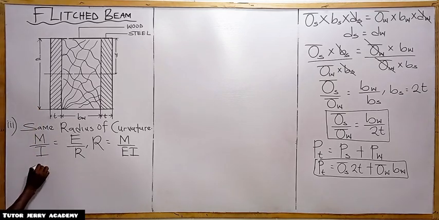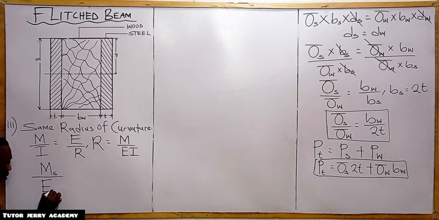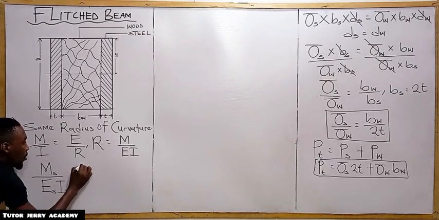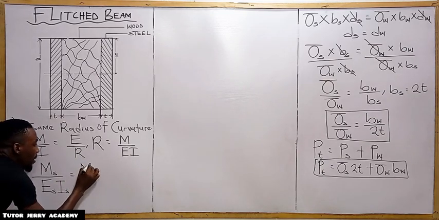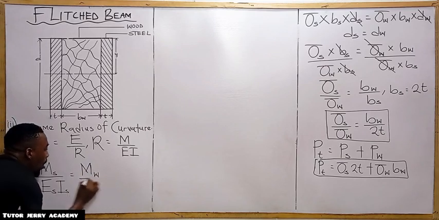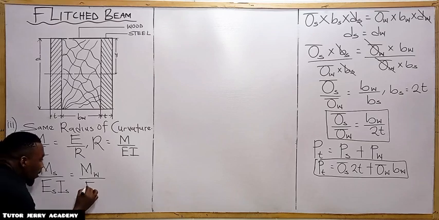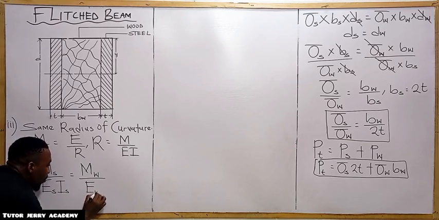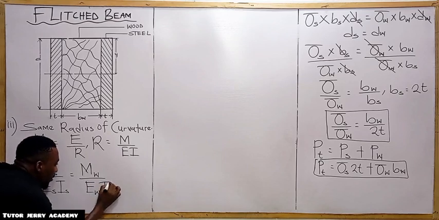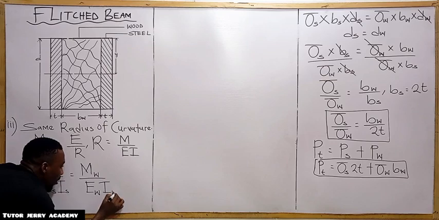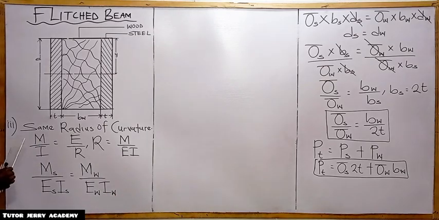So we can say that M, the maximum bending moment of steel, over the modulus of elasticity of steel times the moment of inertia of steel, equals the maximum bending moment of wood over the modulus of elasticity of wood times the moment of inertia of wood. All right, so that is it.